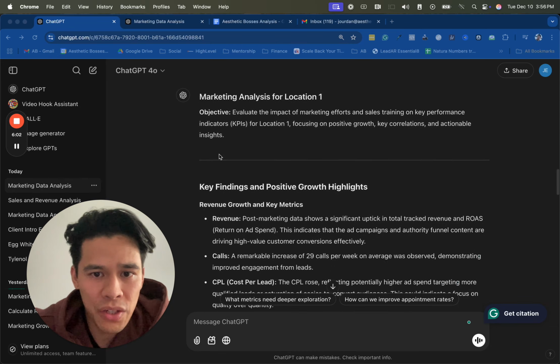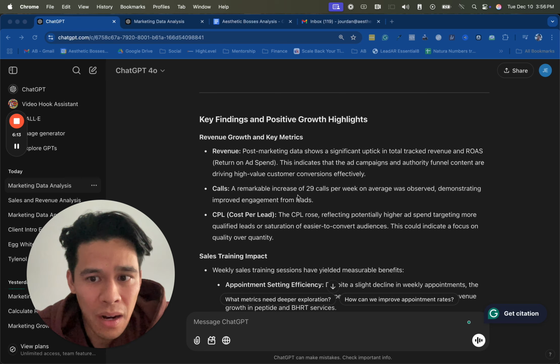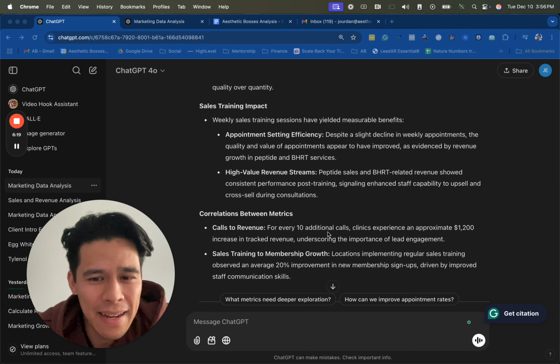All right, so we're going to look at this. We can see here revenue growth and key metrics. Post-marketing data shows a significant uptick in total tracked revenue and return on ad spend. Cool. A remarkable increase of 29 calls per week. That's great. Here's a good one. For every 10 additional calls, clinics can experience an approximate $1,200 increase in tracked revenue.